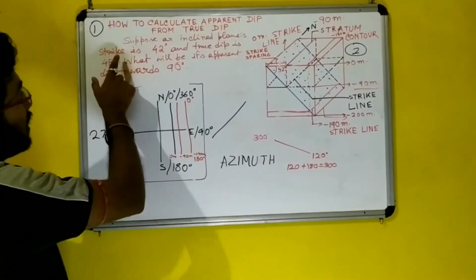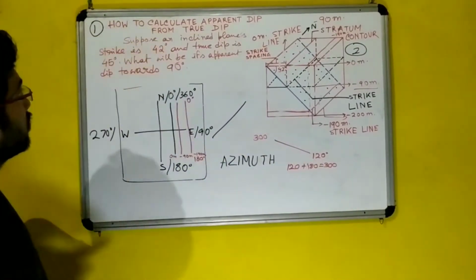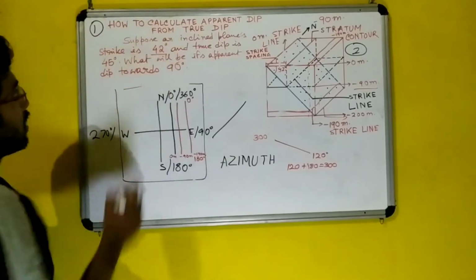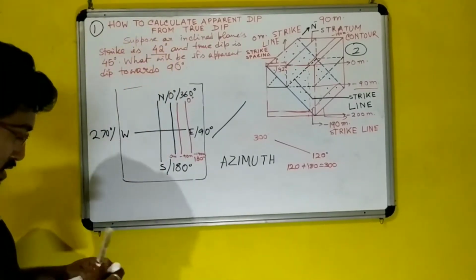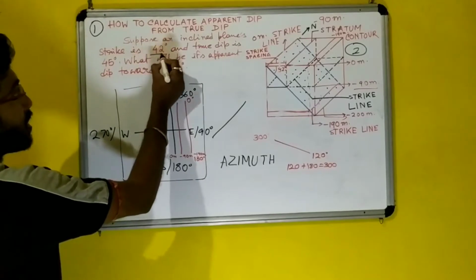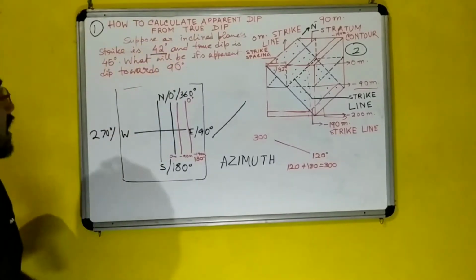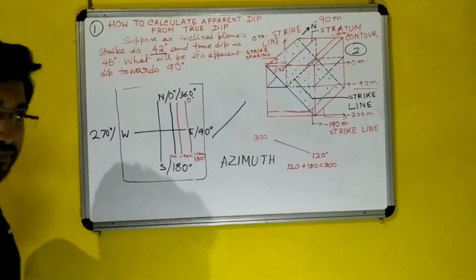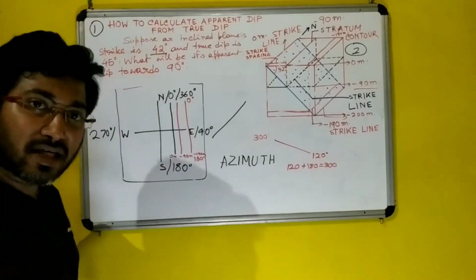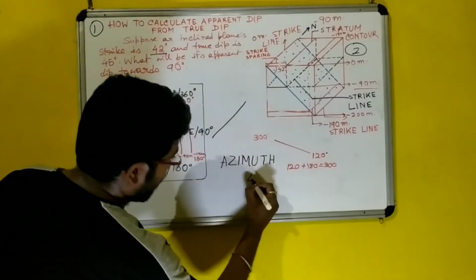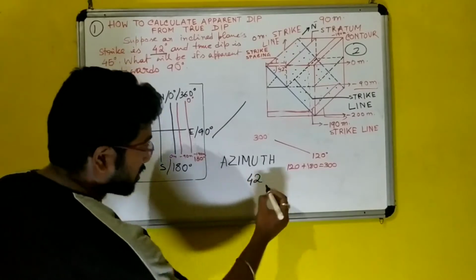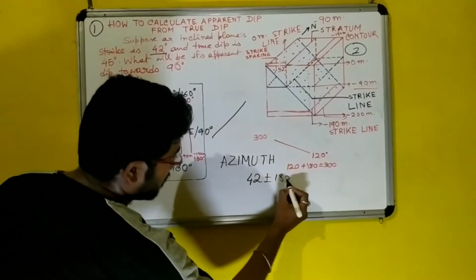So when you get only one value for strike, here 42 degree, the information supplied is strike is 42 degree. Then what will be the other direction? You have to either add or subtract 180.